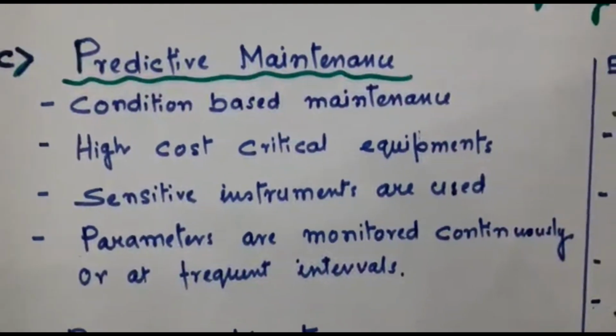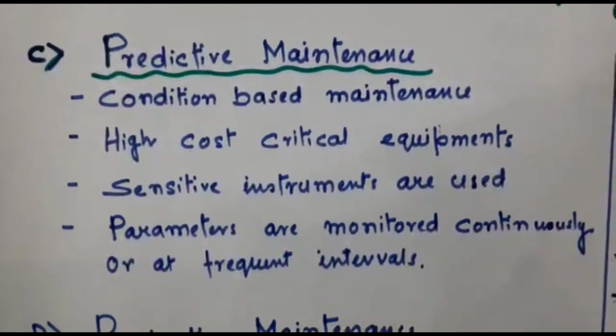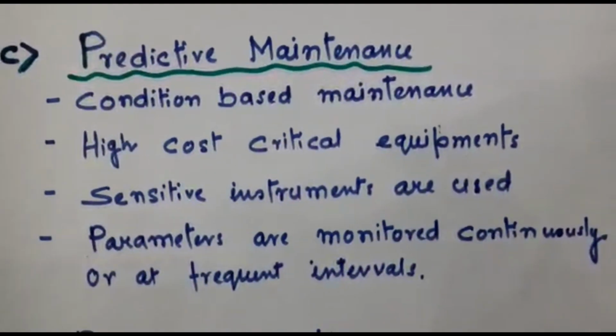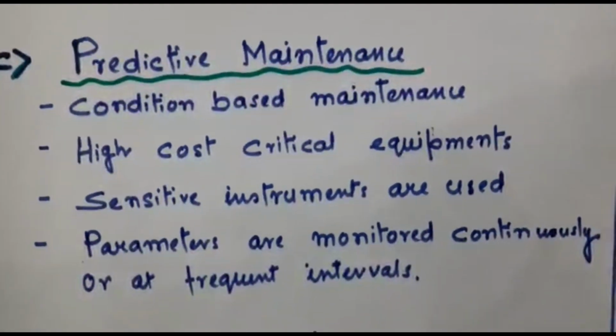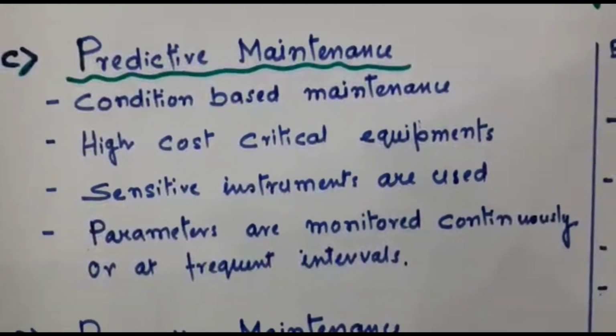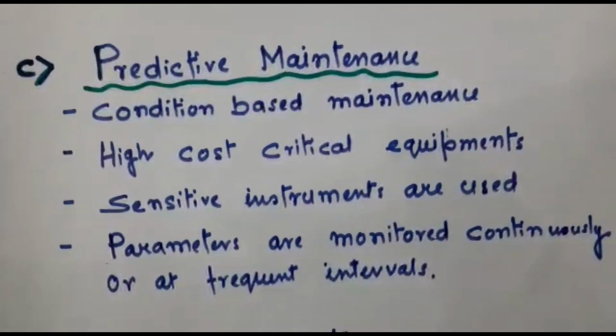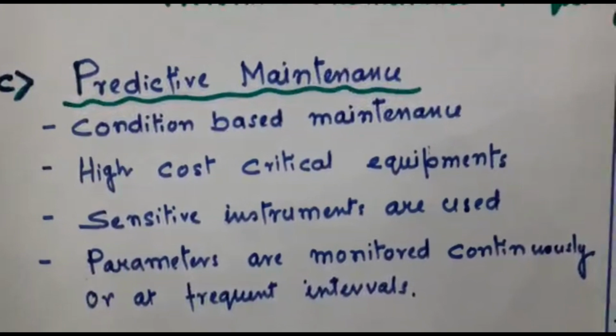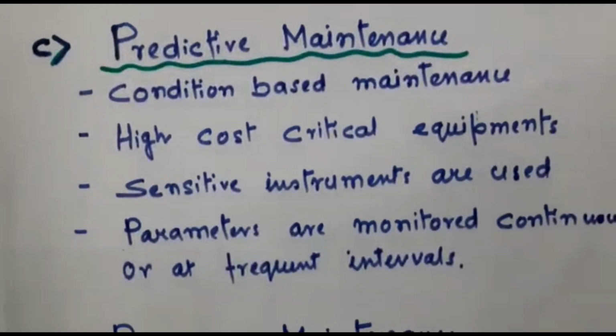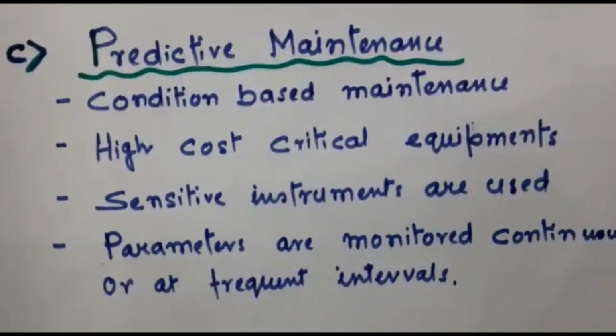That means we are monitoring a parameter in the machines. By inspecting that particular parameter, we can have an idea when the machine will be calling for maintenance, which is an indicative of the developing failure.